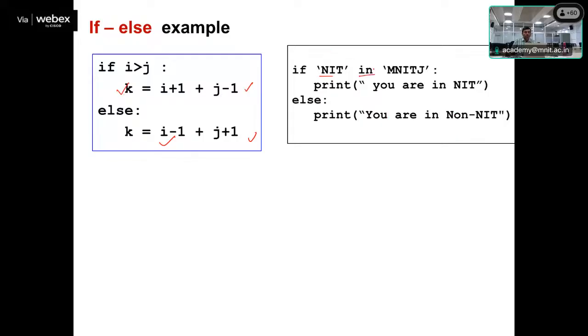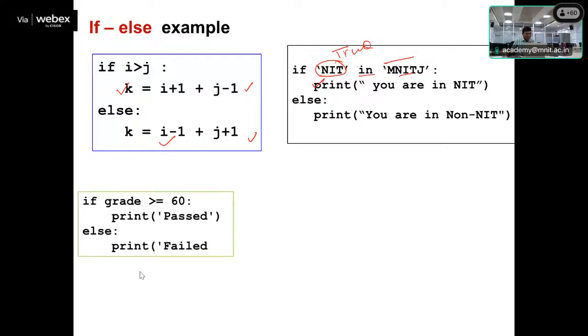So what does this in operator, the membership operator, check? Whether the element NIT exists in this sequence or not. NIT exists in this sequence, so this is going to return true. If it is true, the first print statement is going to take place.